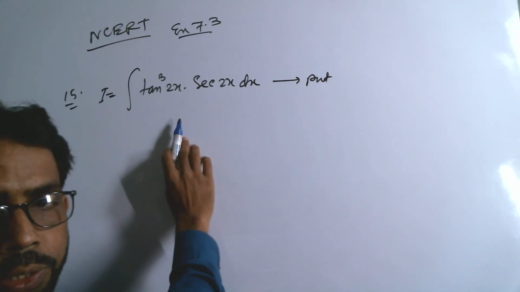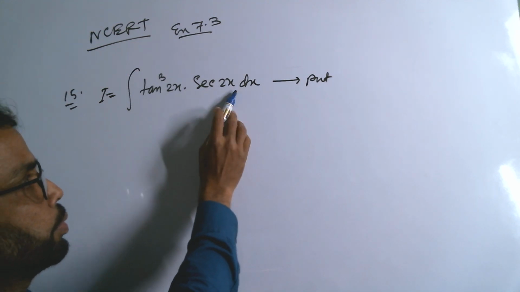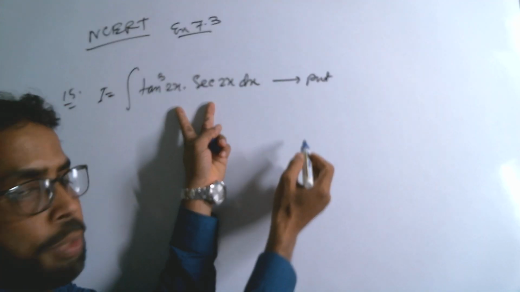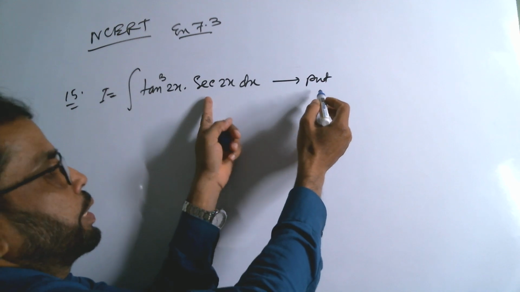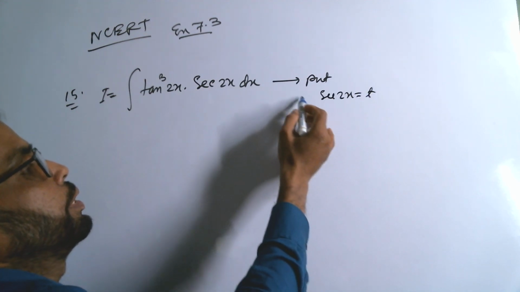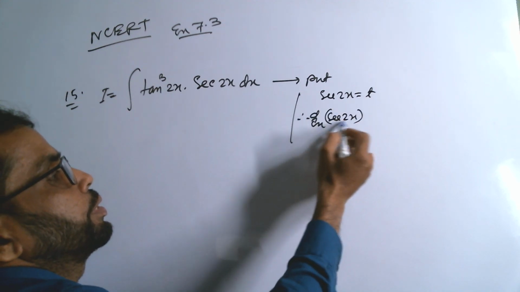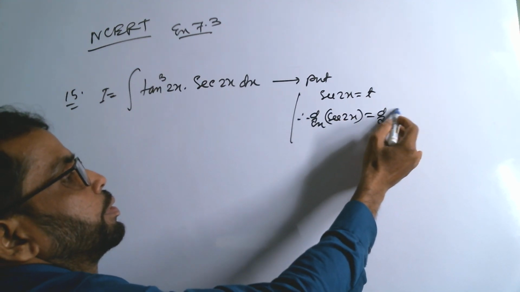The next integration question is tan cube 2x into sec 2x. This one we can do by the substitution method. Put sec 2x is equal to t, then differentiate both sides: d/dx of sec 2x equals d/dx of t.